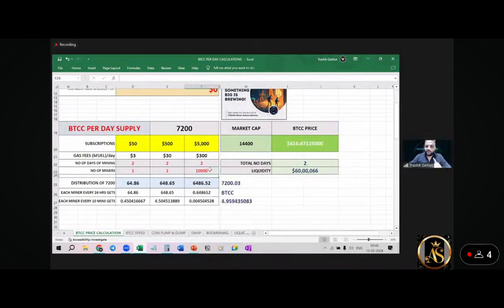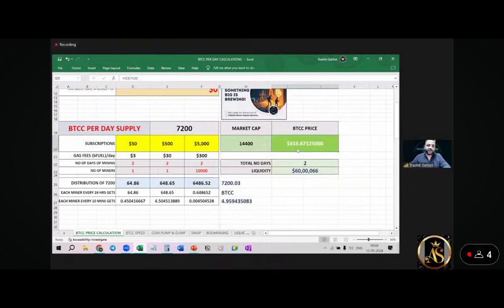If the number of miners increases, each miner gets less and less BTCC, but the liquidity increases. So as the number of miners increases, each miner gets less and less BTCC, but it adds to the liquidity, so that appreciates the price of the coin.